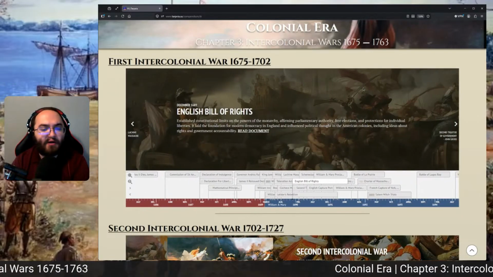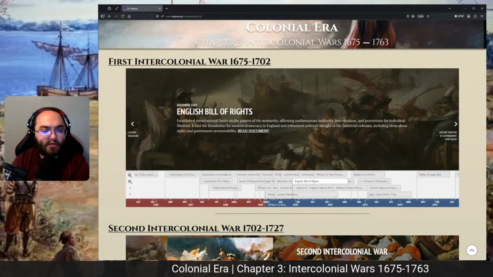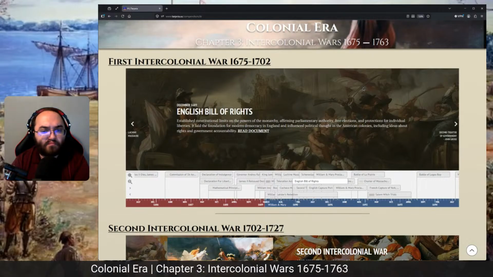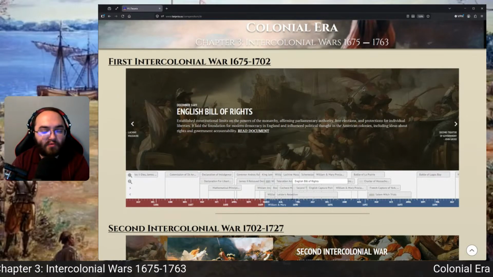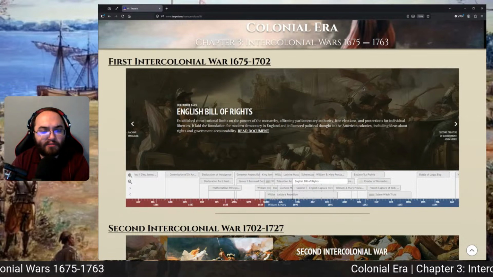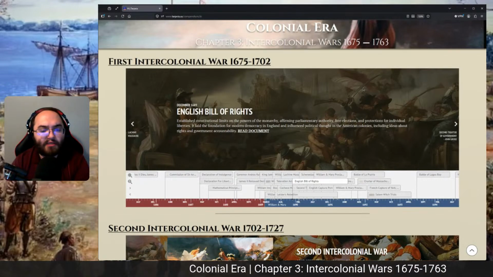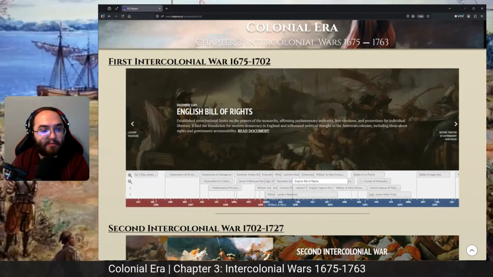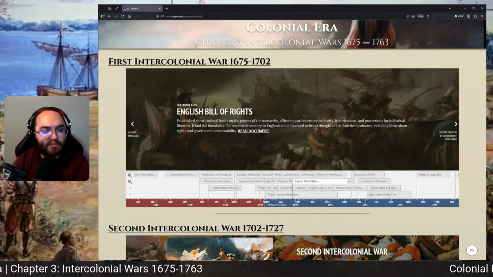So that really defines the fighting style of the intercolonial wars, all the way up until really the last one. The French and Indian War is really one of the only ones with actual pitched land battles, at least. And a lot of the battles are actually sea battles to capture ports and stuff like that.